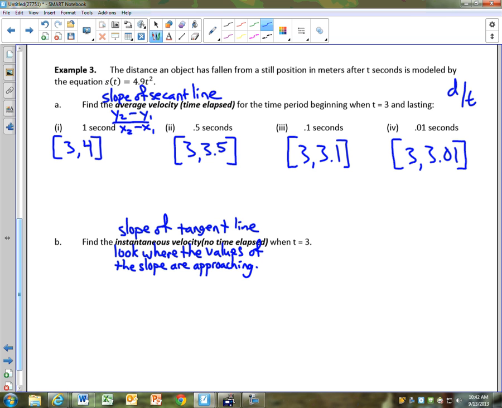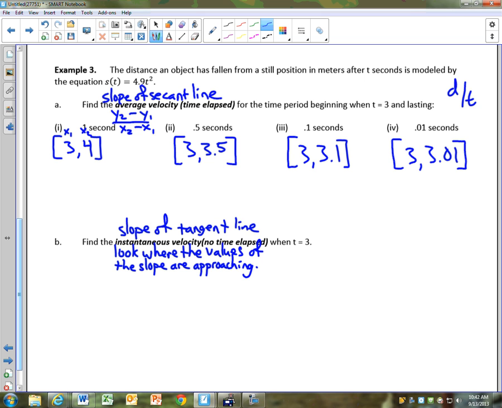It says for the period beginning with time equals 3. So it looks like 3 is one X value, isn't it? And 4 is another X value, X2.